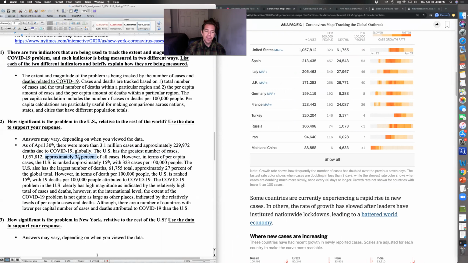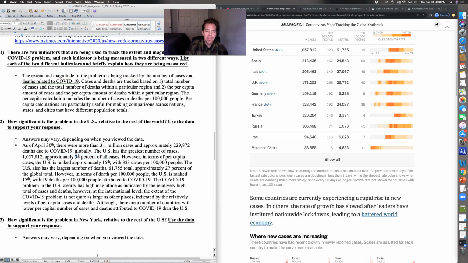The US accounts for about 34%, a little over a third. One out of 3 cases worldwide are in the US in terms of what we know from testing, right? So again, testing is a limiting factor, but what we know from the testing is that just over 1 out of 3 cases are in the US, okay?